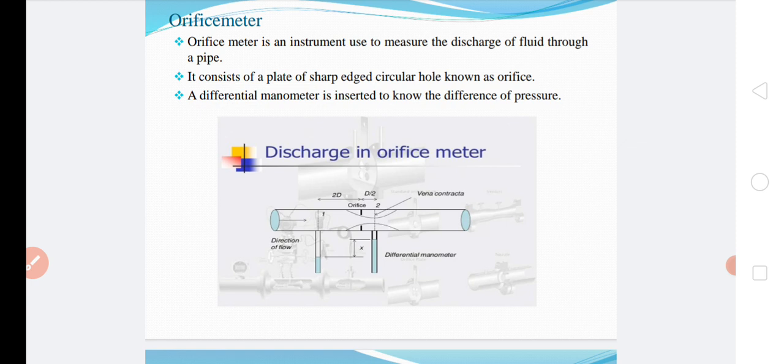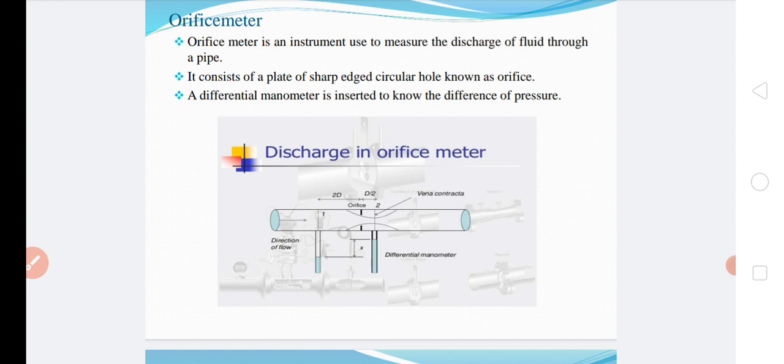In this figure, an orifice is inserted in this pipe. The arrow line shows the direction of the flow, and in this particular position a differential manometer is inserted.